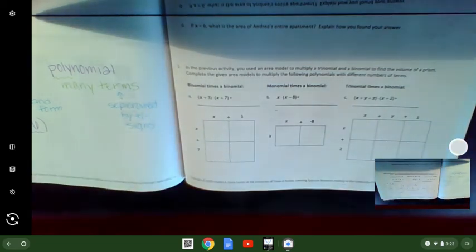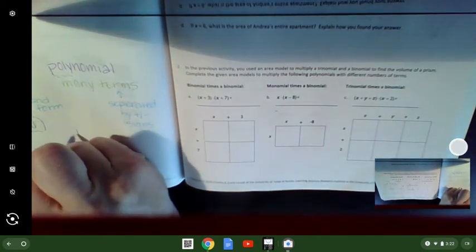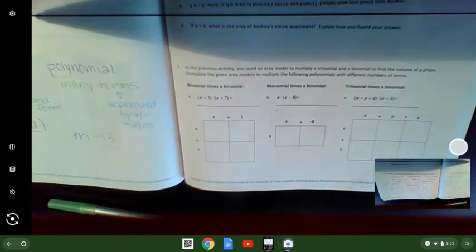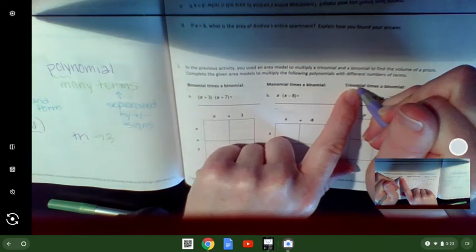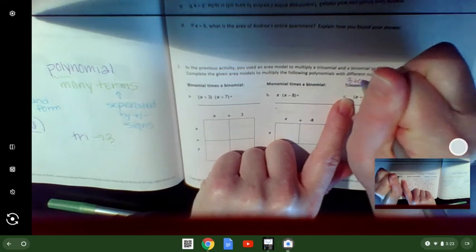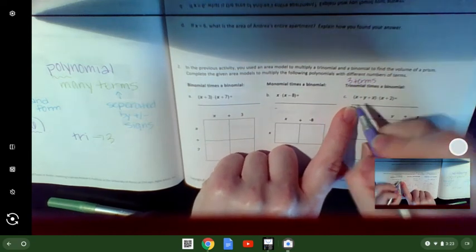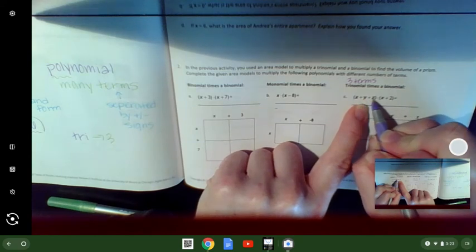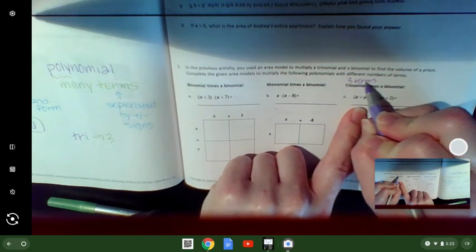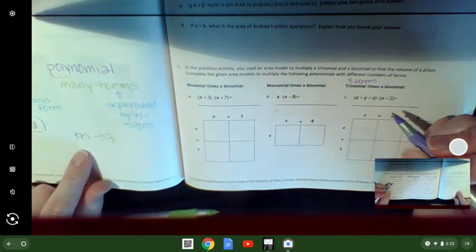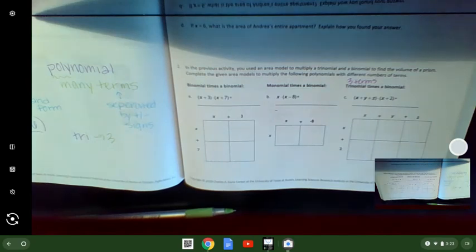So a trinomial means I have three terms. So x, one term, plus sign, y, second term, plus sign, z, third term. This particular polynomial can be called a trinomial because it has three terms.